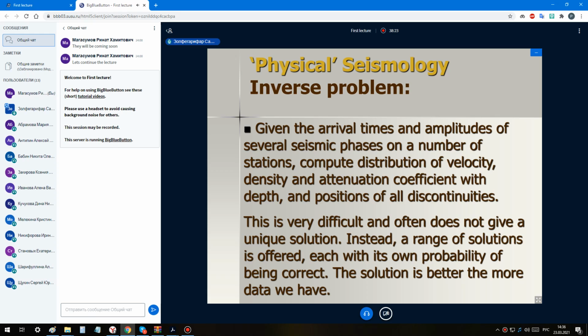This is very difficult and often does not give a unique solution. Instead, a range of solutions is offered, each with its own probability of being correct. The solution is better the more data we have.